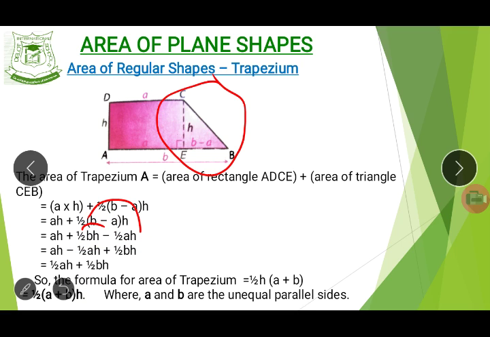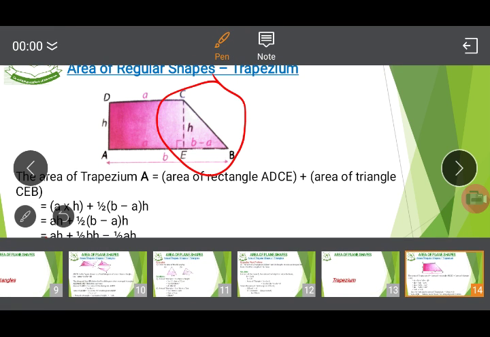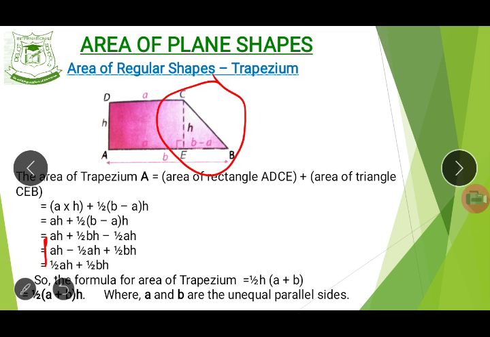Okay, all right, and then when you collect the like terms now, ah minus half ah, plus half bh. So when you do ah minus half ah, this one means 1 ah, so 1 minus half is half. You now have half ah plus half bh.